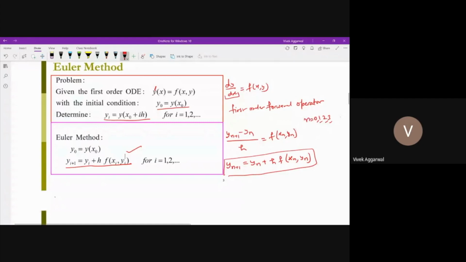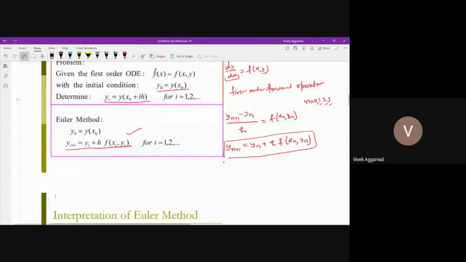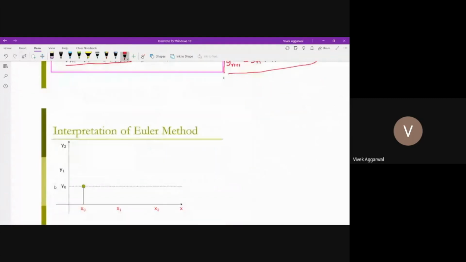Now the interpretation of the Euler method. As I told you, this is my y naught. The solution is given to me, that is the initial solution. Now I want to find the solution at x1 with the help of this.